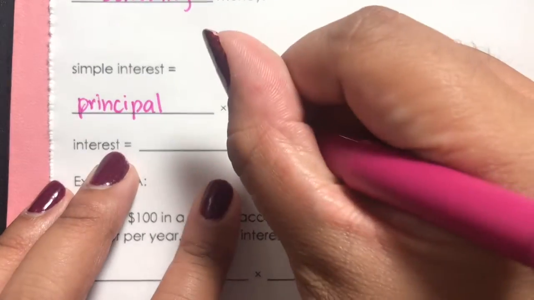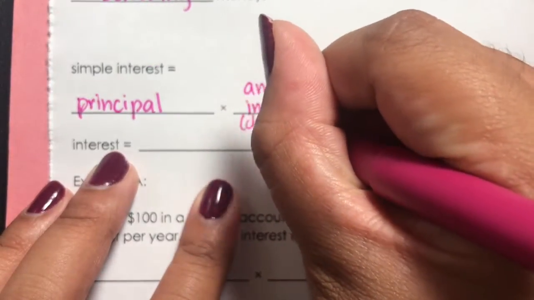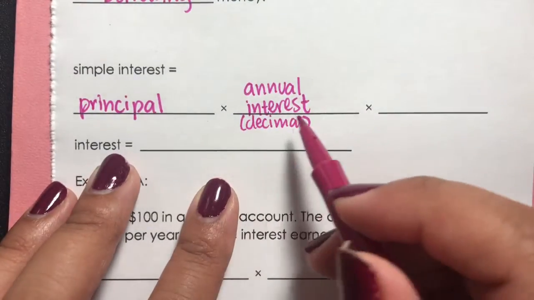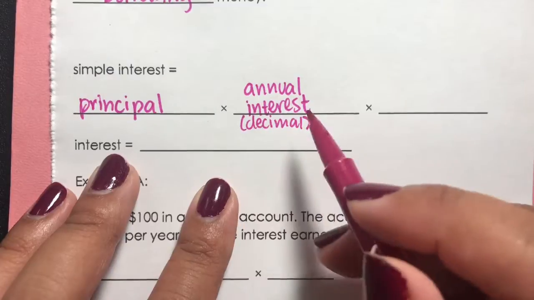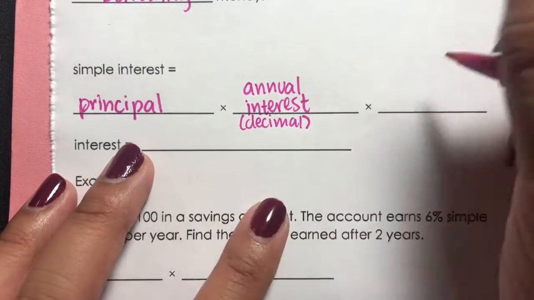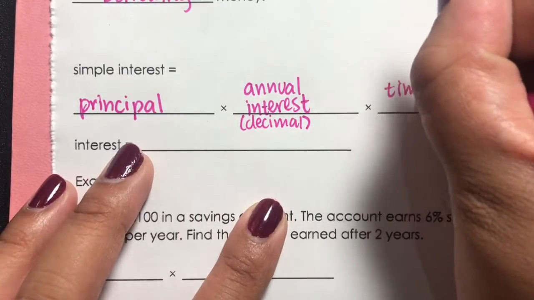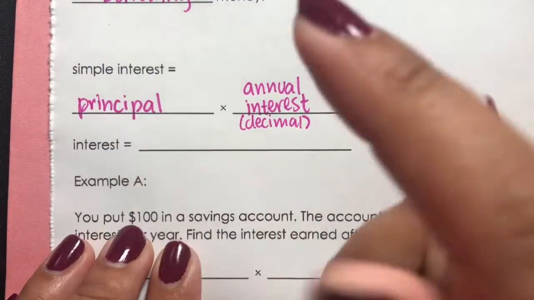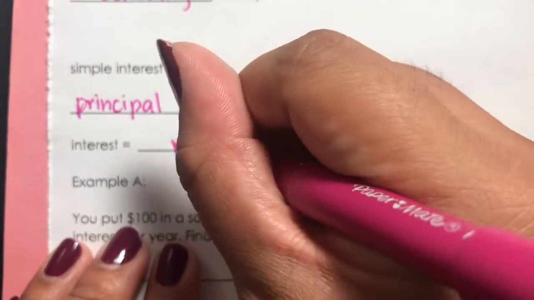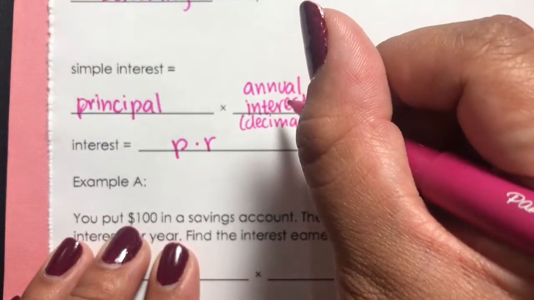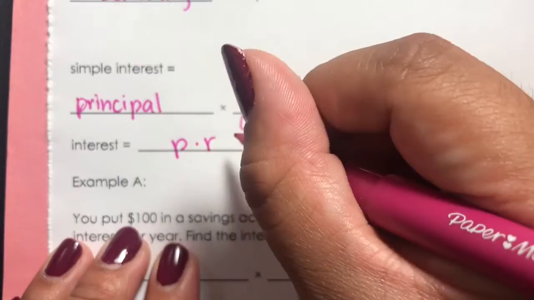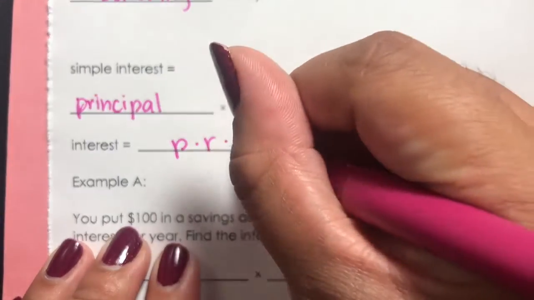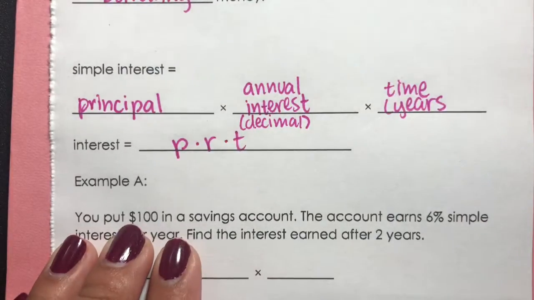The percent needs to be turned into a decimal. Okay, so principal times annual interest, in decimal form, times the time in years. So interest equals P, principal, times the annual interest, and we're going to call that R, times T, and that's for time.